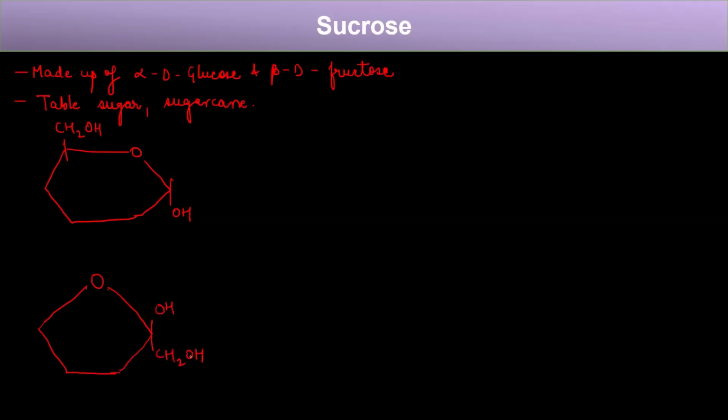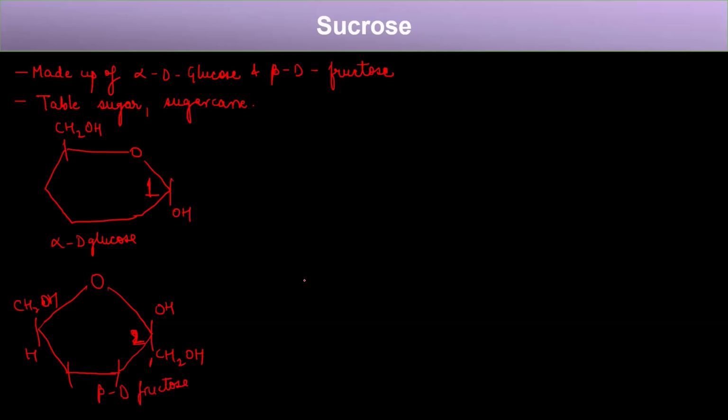And this will be your CH2OH, this will be your CH2OH and H. Okay, so this is the first position, and this is the second position. So this is alpha D glucose, and this is beta D fructose.